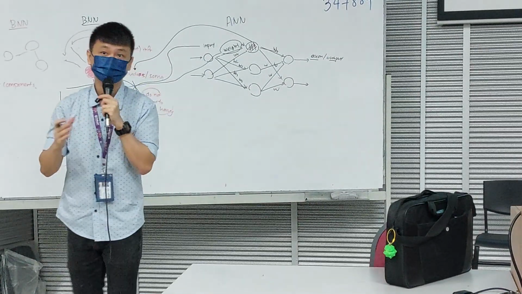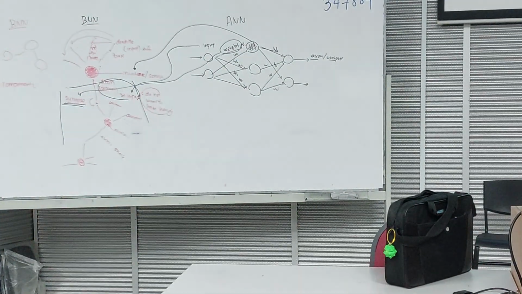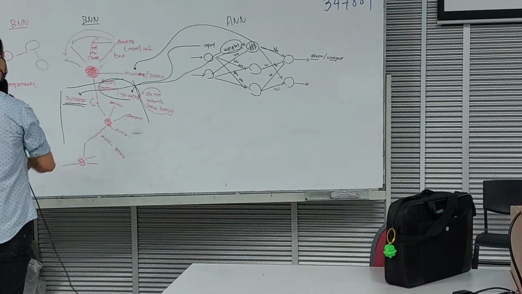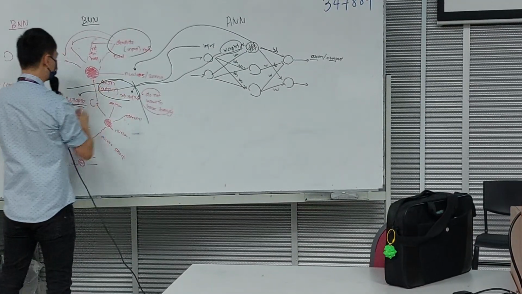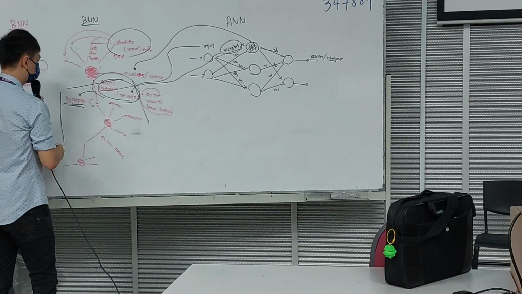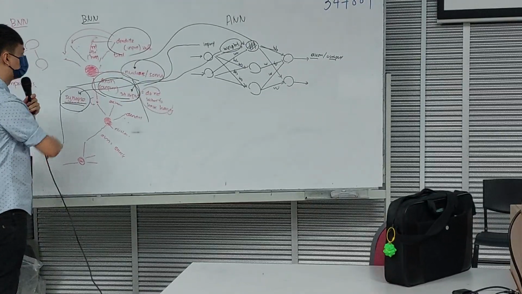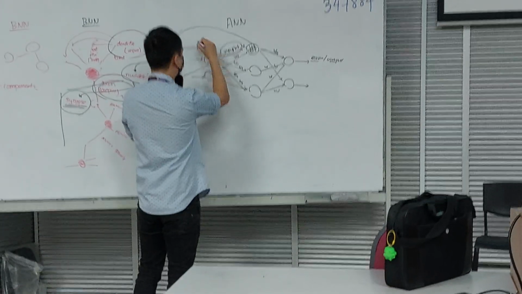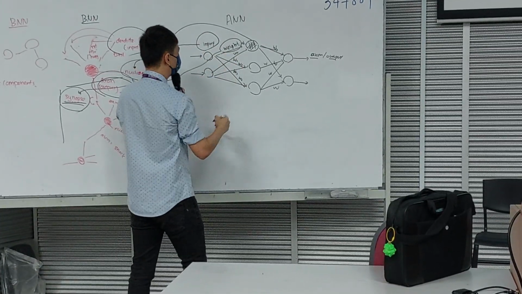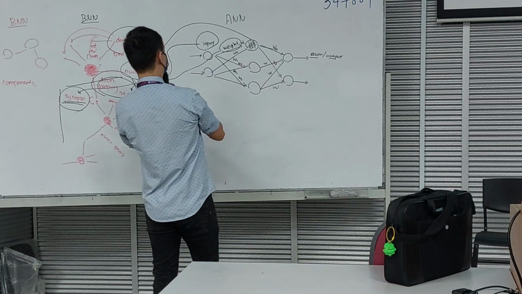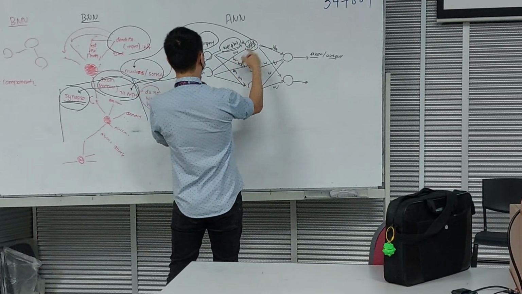Okay. So remember, we have 4 components in the biological neural network: dendrite, axon, nucleus, and synapse. In artificial neural network, same. We have input, we have the weight, we have what else? The nucleus.